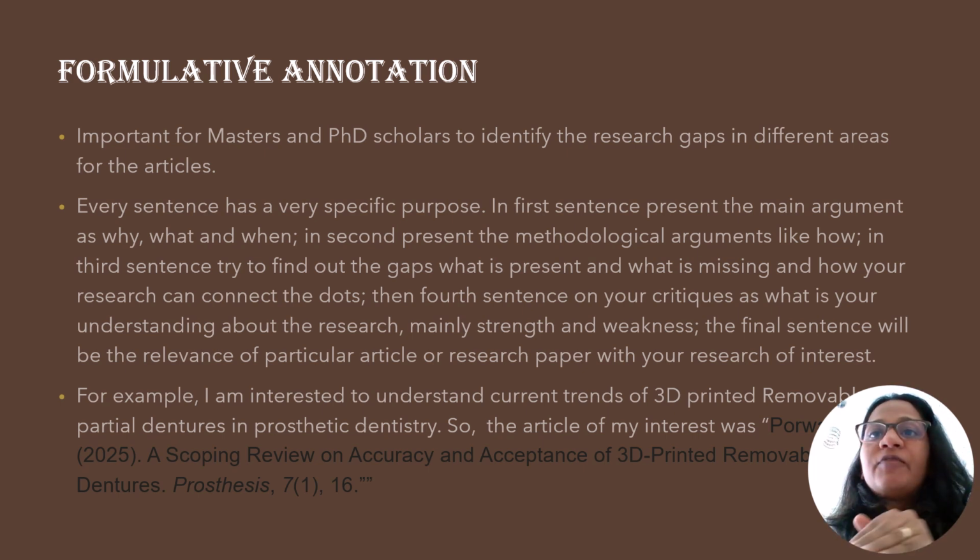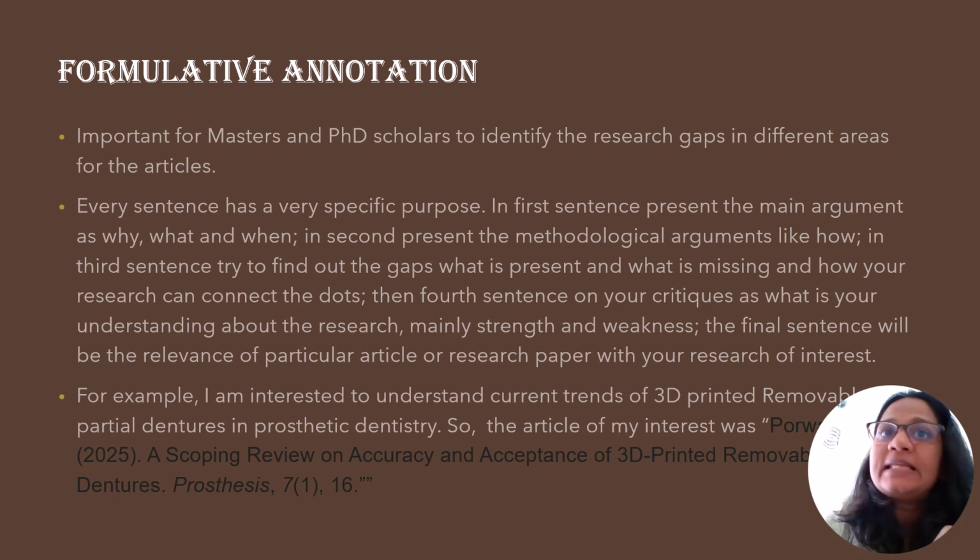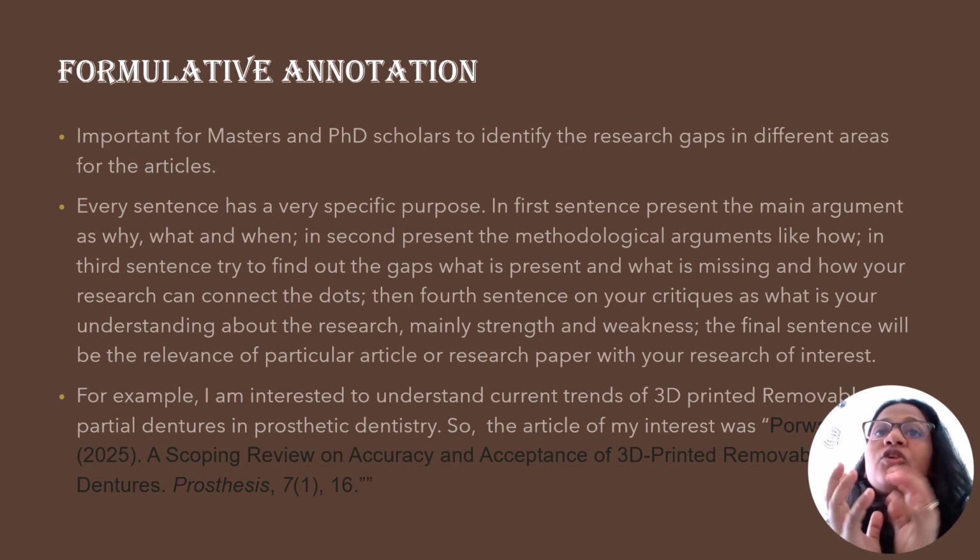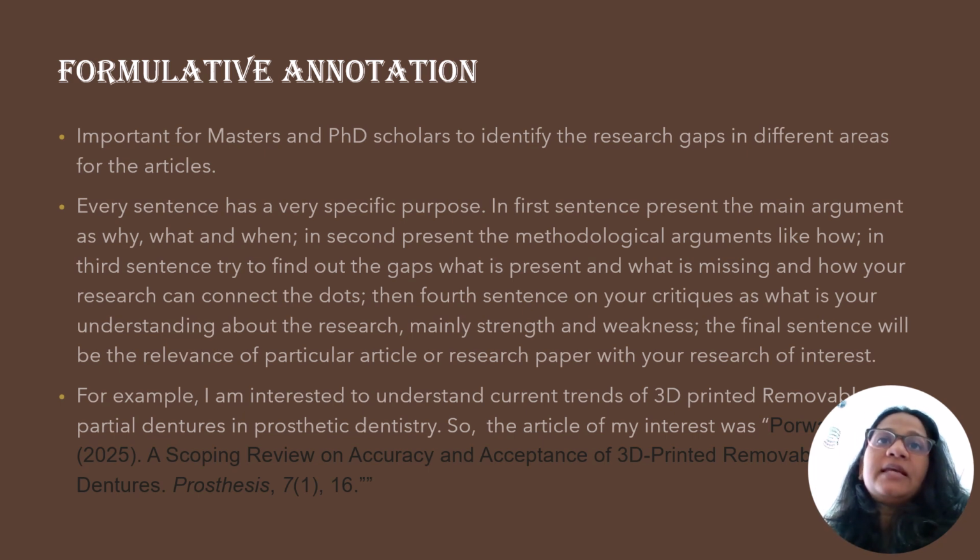When I say different areas of the article, this means the research gap can be seen in your introduction, or in your methodological findings, in your results, or in the discussion or conclusion. So in formulative annotation, we have to formulate, or write, like an article where the first sentence will be the main argument, that means why, what, and when.